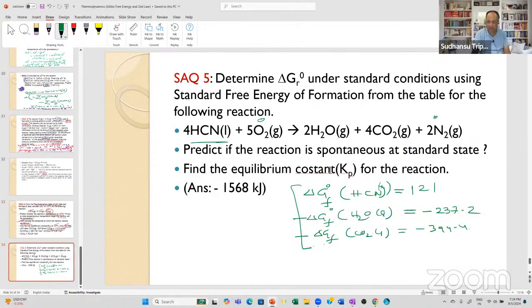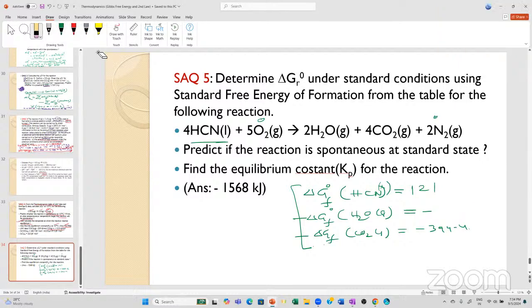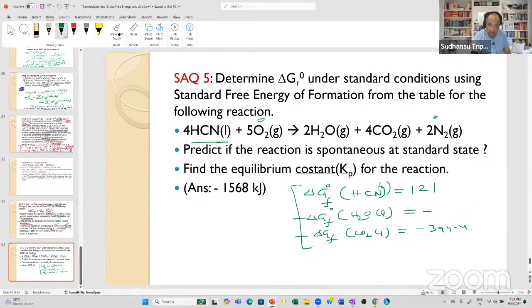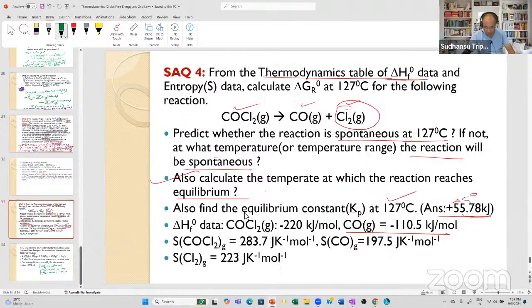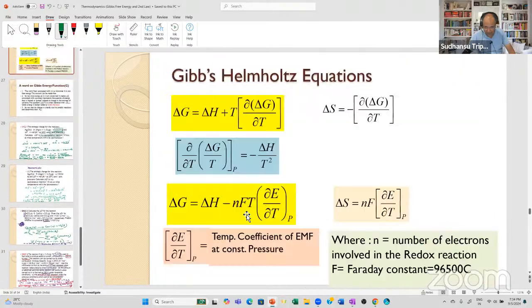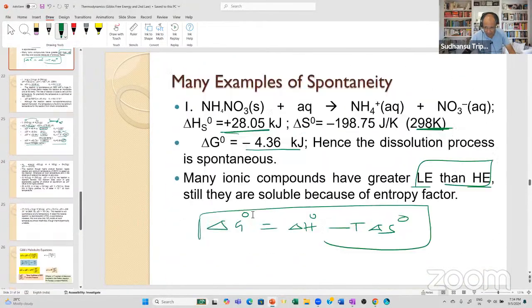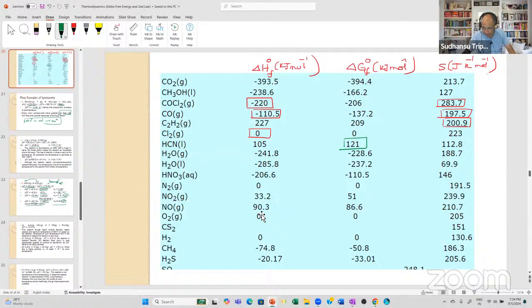Sorry, sir, I have taken the liquid data by mistake. Liquid is different: del HF is different, del GF is different. It is minus 228.6.